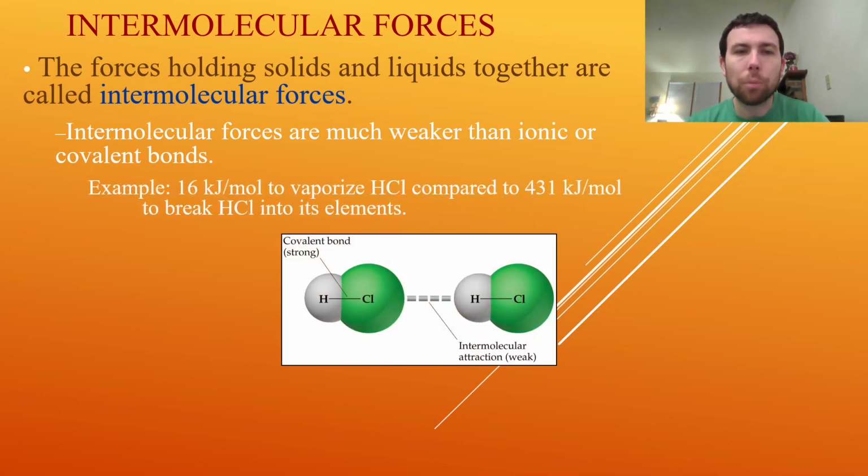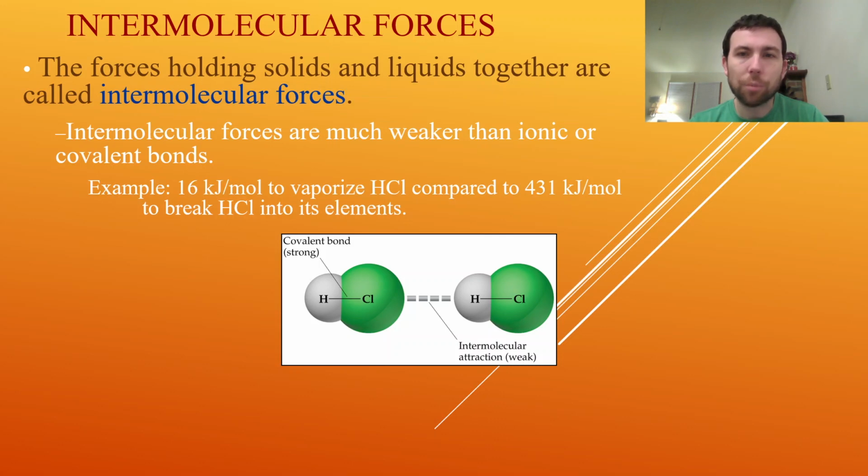Now, for example, to put this in perspective, when you think about the energy that's required to convert hydrogen chloride from a liquid to a gas, notice here it's listed as 16 kilojoules per mole. Now, that's a decent number, but when we compare that to the actual energy required to break the bond between hydrogen and chlorine in this particular molecule, it's going to fall very low, right?